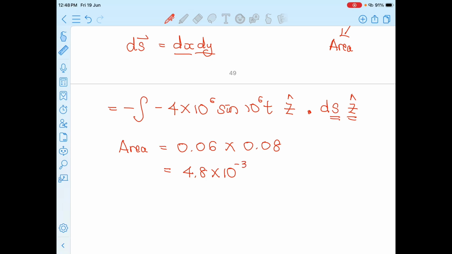So you put the value here: the area will be from 0 to 4.8 times 10 power negative 3.